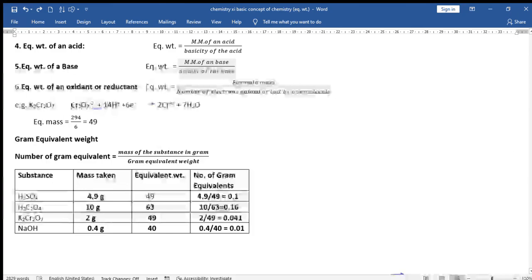For example, here it is given potassium dichromate. When the dichromate ion reacts, you can see there are 6 electrons gained during the reaction by the dichromate ion. So the equivalent mass of dichromate is 294 divided by 6, we get 49.